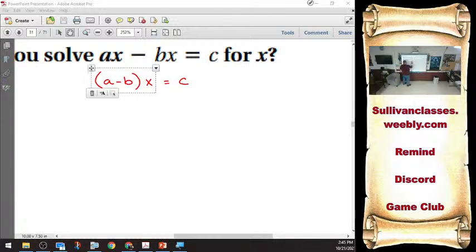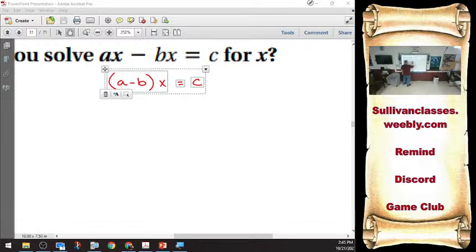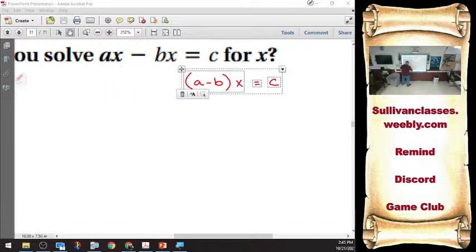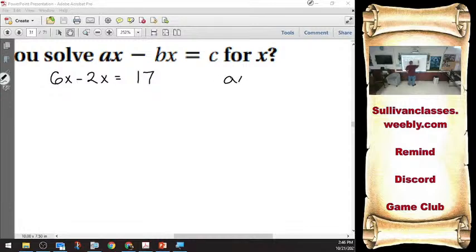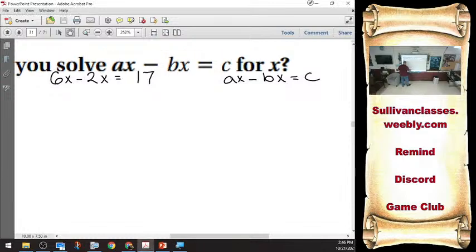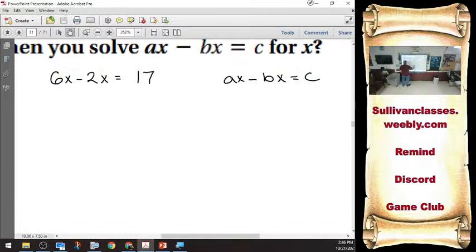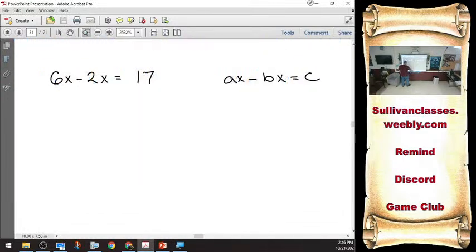So here, I'll just show you the parallel to this. So if I have... You know what? Before doing this whole thing, I want you to see what it looks like right next to it.